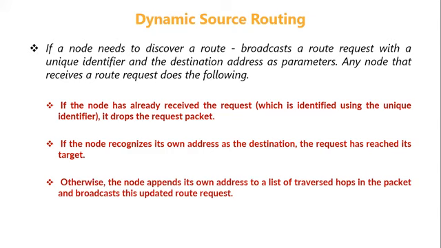Otherwise, if case 1 and case 2 are not satisfied, that is, if the node has not already received the request, or if this node is not the destination node, then it will append its own address to the list of traversed hops in the packet and broadcast this updated route request.